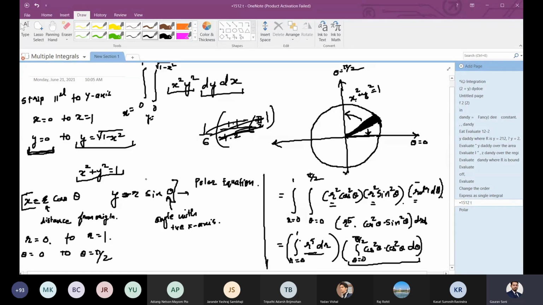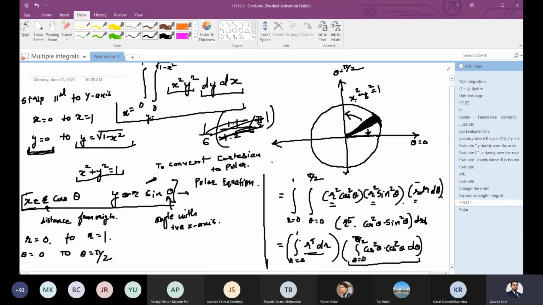Whatever integration is given, once it is circle or something like that, I'll put x equal to r cos theta, y is equal to r sin theta. This is the substitution to convert Cartesian to polar.